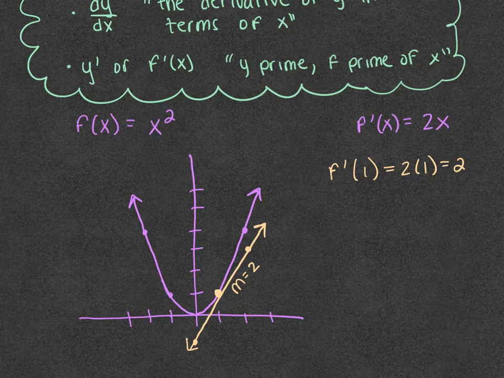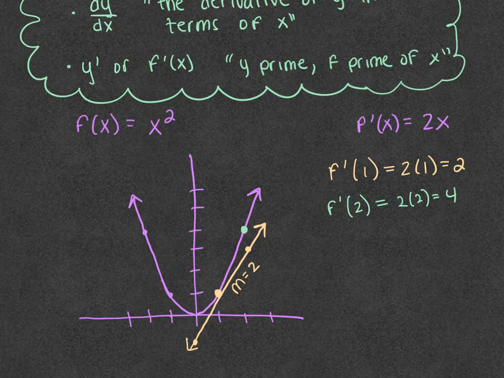If I look at the slope at 2, so the derivative at 2, we would have 2 times 2, which equals 4. At this point, you can see it's getting steeper, so it makes sense that the number is higher. At this point, the slope is 4.